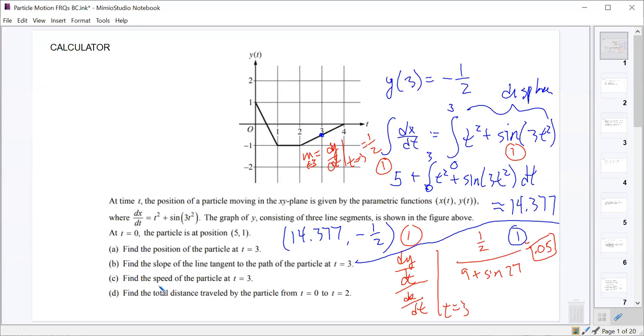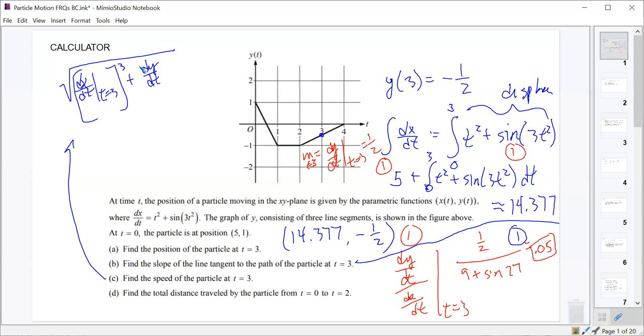And so if we're trying to figure that out at 3, all we've got to do is figure out the magnitude of the velocity vector, which is the square root of dx dt at t equals 3 squared plus dy dt at t equals 3 squared.